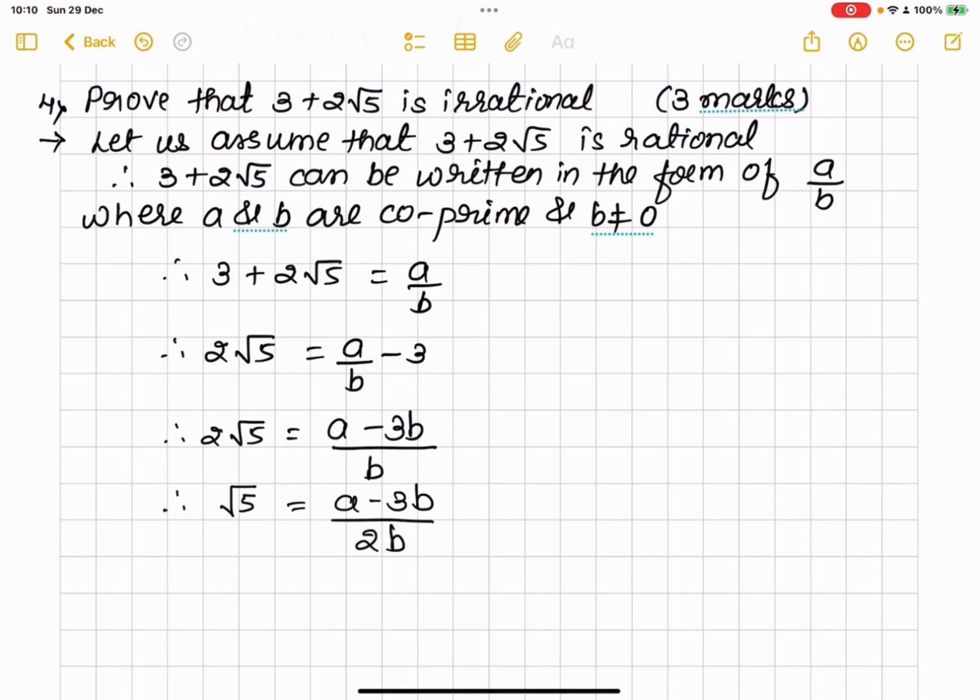Now, if you see, LHS is irrational and RHS is rational. But root 5 is irrational. Therefore, irrational can't be equal to rational.